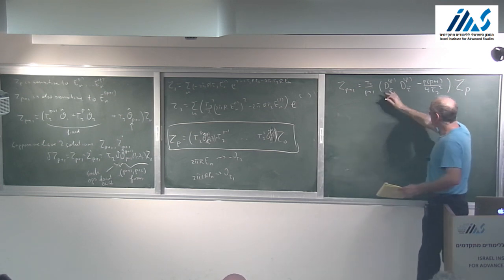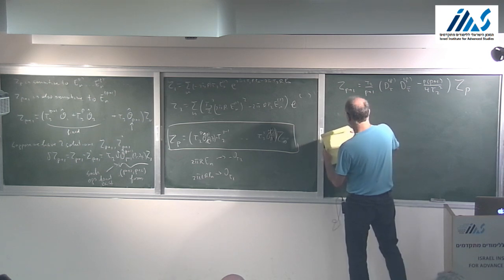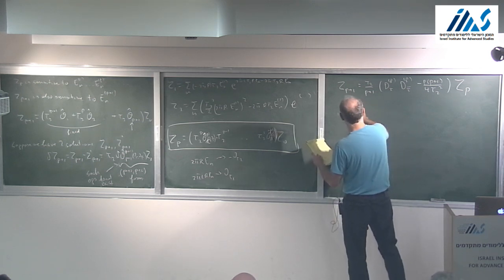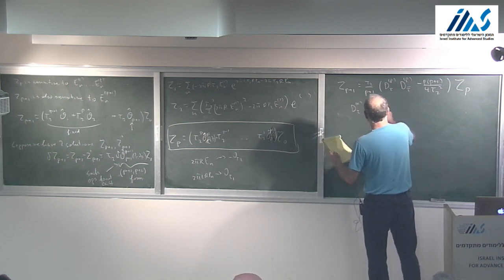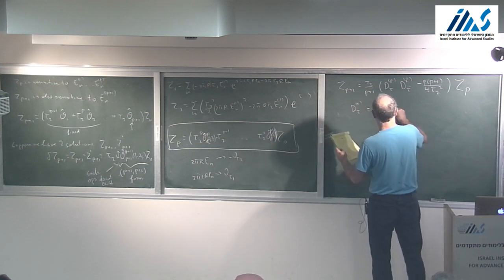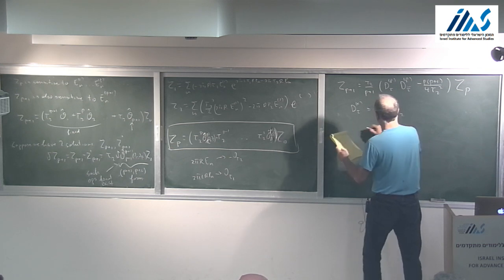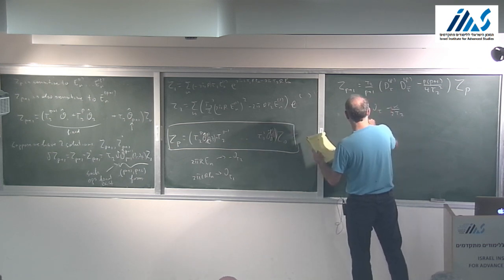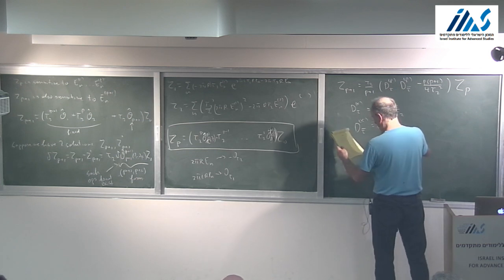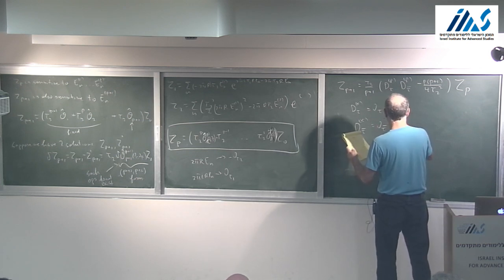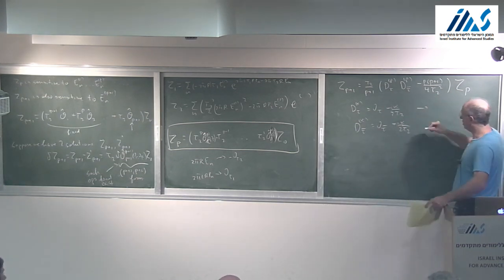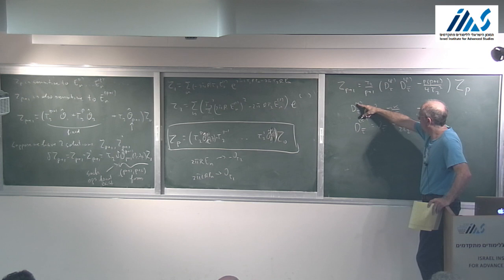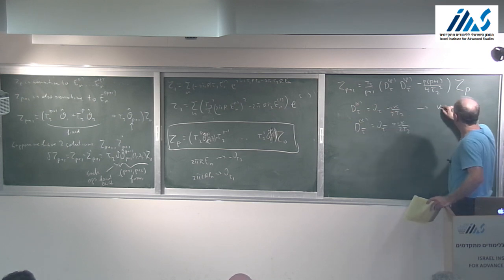So let me first write what I mean by this d tau. These are things that work with modular forms, which you may be familiar with. So this is a differential operator. Basically, d tau has the property that if it acts on a form of holomorphic weight k, it increases it by 2 units.